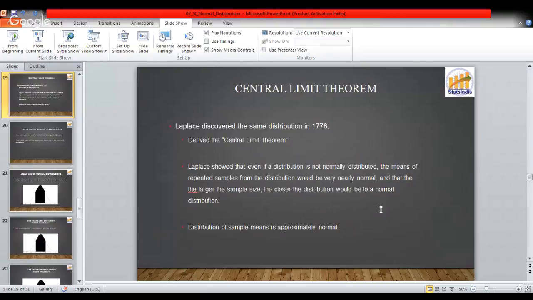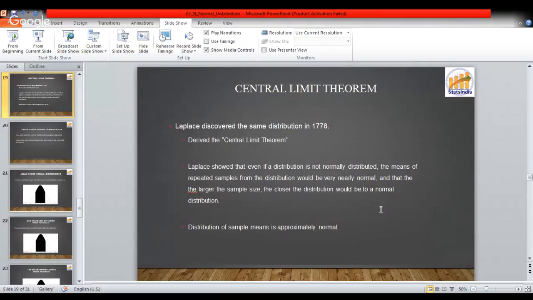And if we draw the curve of this sample mean, then this distribution of sample mean is approximately normally distributed. Again, keep in mind that the original data or population was not normal.